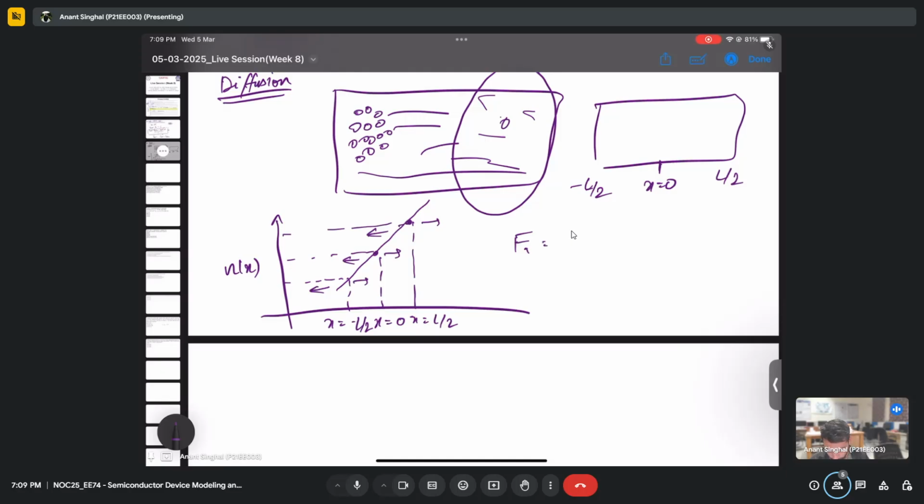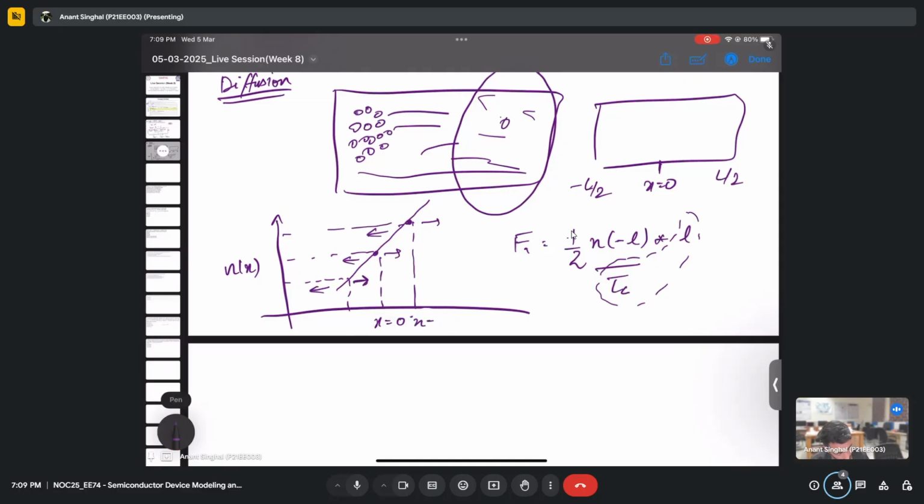So for the electron which is at the x equals to 0 plane, it has a probability, let's say n at minus L times L by tau c. So the flow of electrons is nothing but the speed, because distance upon time is speed. So it has a probability that the electron will come from this. So let me simplify this.